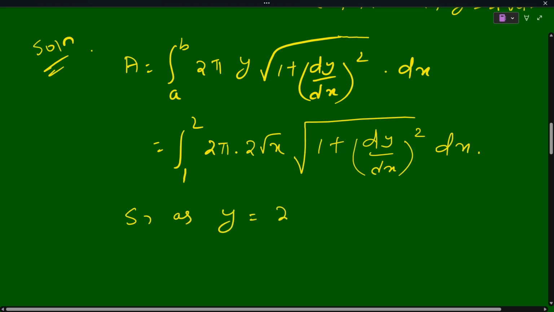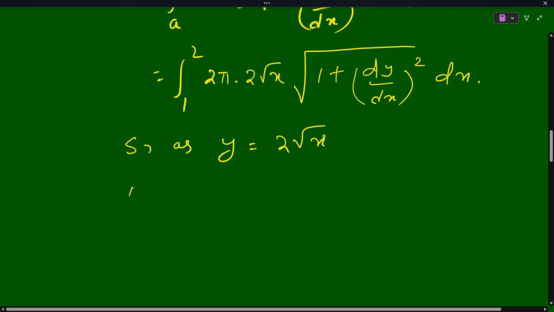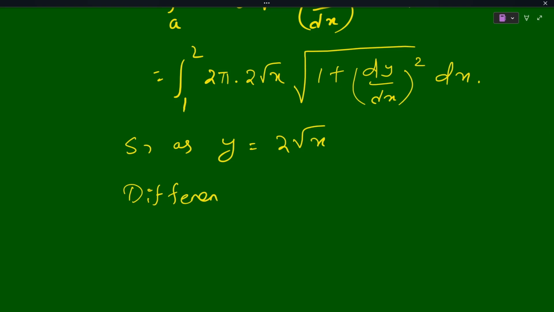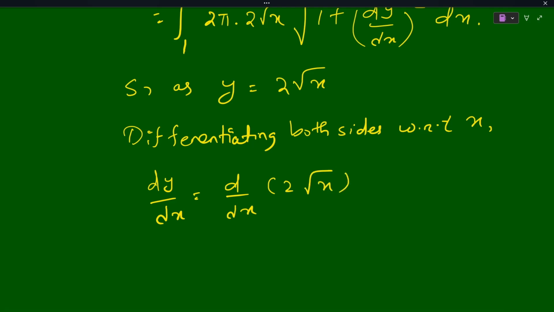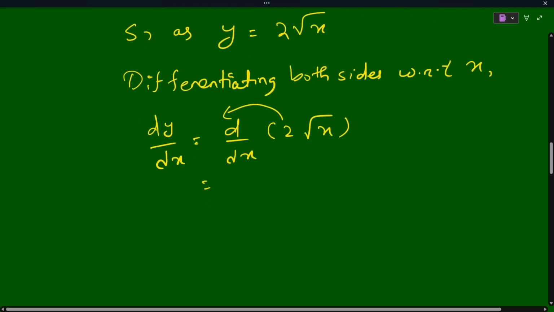As y is equal to 2 root x, we'll differentiate both sides with respect to x. Then dy by dx is the derivative of 2 root x with respect to x. This 2 is a constant, so it goes outside the derivative.